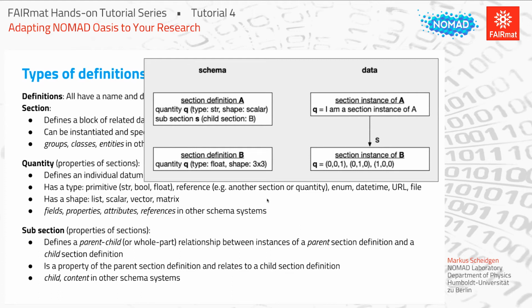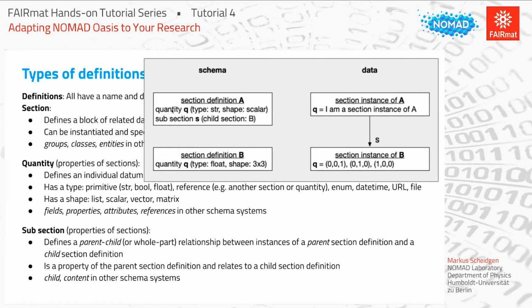So let's look at the right side of the example first, where we have the schema. I typically try to talk about the schema in terms of definitions, like the schema defines stuff. So in NOMAD, we like to call the data blocks that we have sections, like a section is a block of related information. And in the schema, we might do something like define a section A. And then we say this section A leaves space for quantities and for certain subsections.